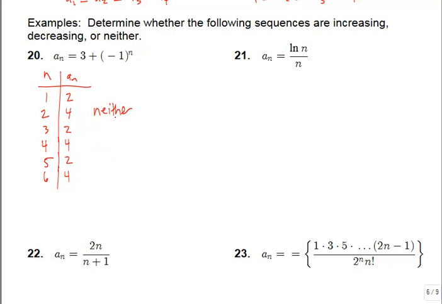Okay? Now if we look at ln of n over n, we can do something similar here and look at a chart, and you can do that on your calculator.